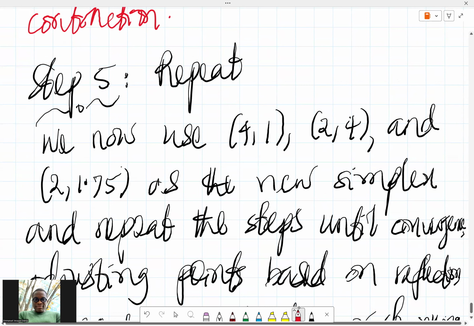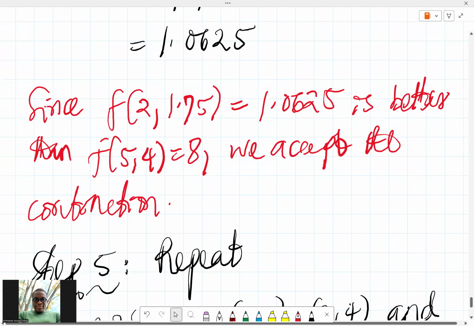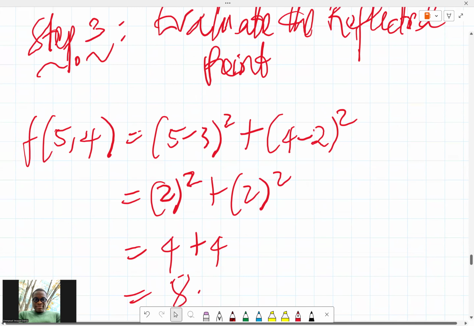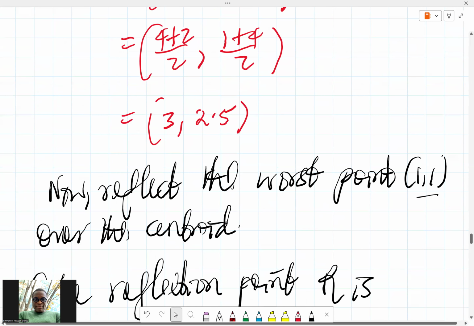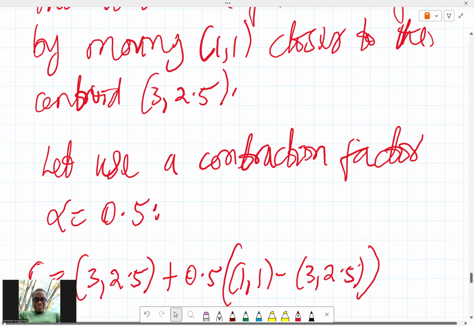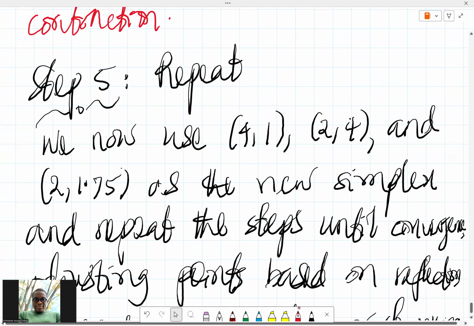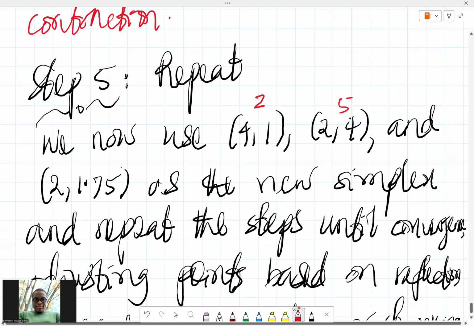You remember what (4, 1) gave us again? (4, 1) gave us 2, (2, 4) gave us 5, and this gave us 1.0625. From here we can sort again, and then the worst will now be (2, 4). Then we try to knock that worst one off, and then we keep iterating.